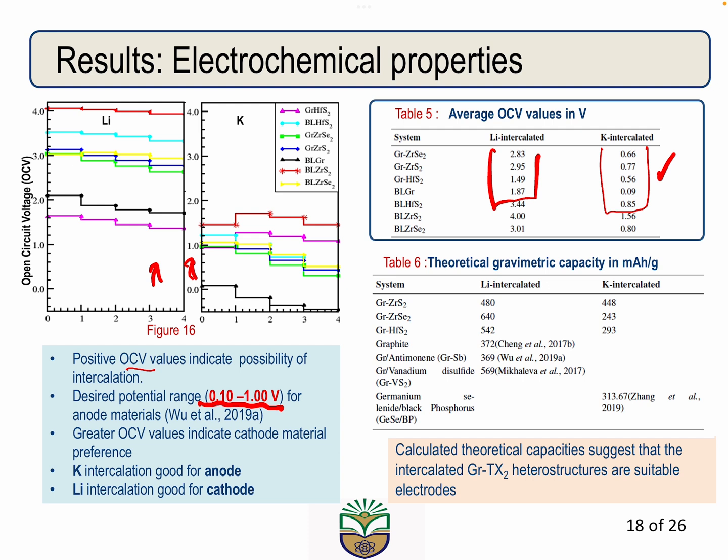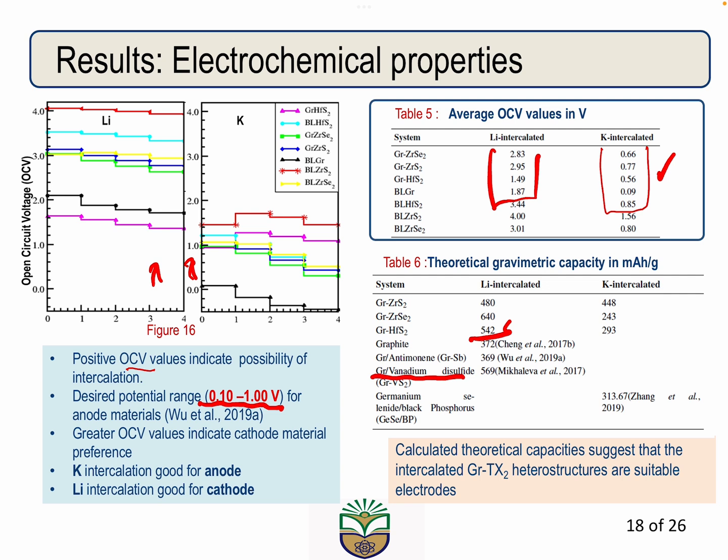Then the other thing we studied was the theoretical gravimetric capacity of the heterostructures that we considered. And what we observed is that for lithium intercalated systems, they gave quite high gravimetric capacities in comparison to what we commonly use today, which is graphite. In fact, for the graphene zirconium diselenide, it had an even higher one than for the graphene vanadium disulfide, which has been studied before.